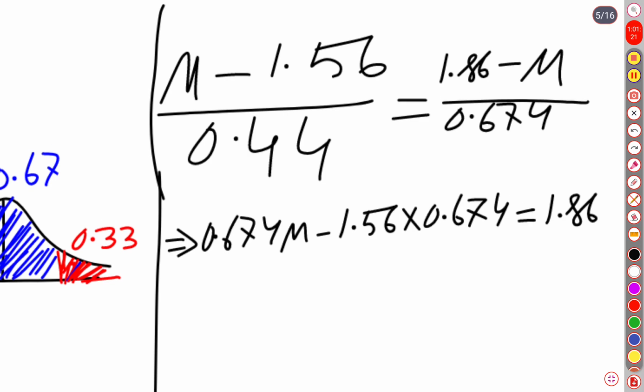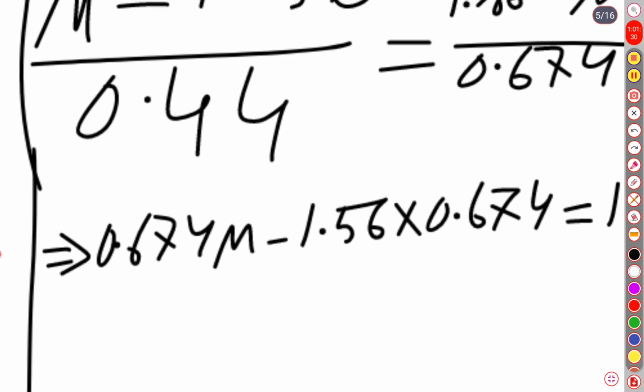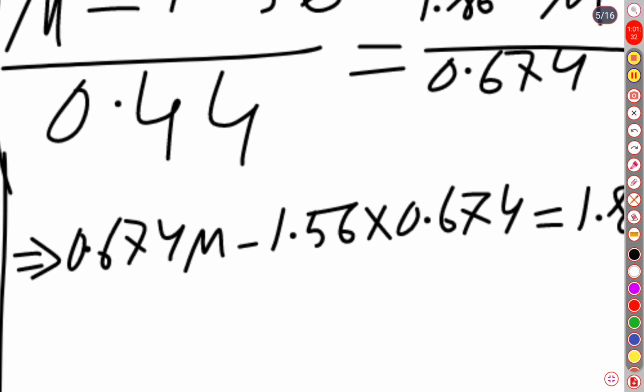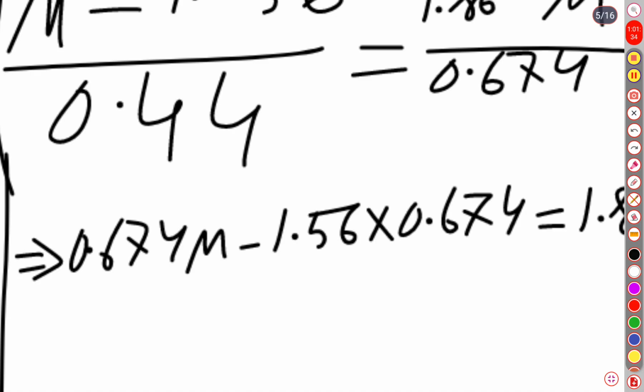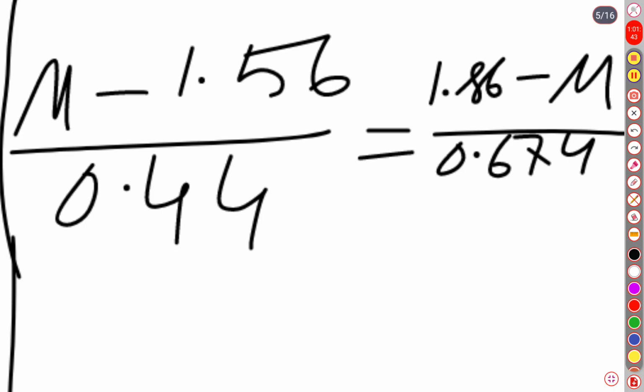Oh no, I don't have sufficient space, but I will have to continue writing over here. It's not possible at all, so I will have to reduce the size of my font and write small.